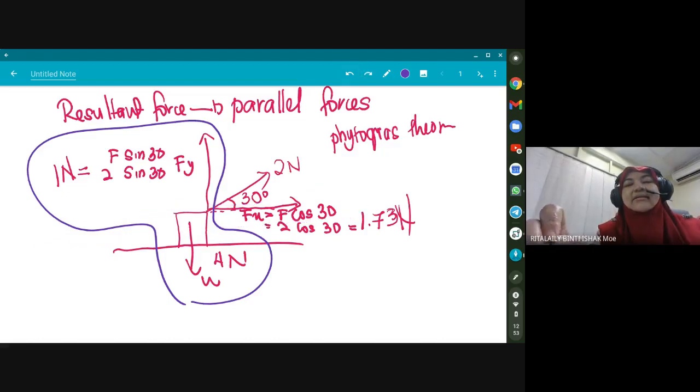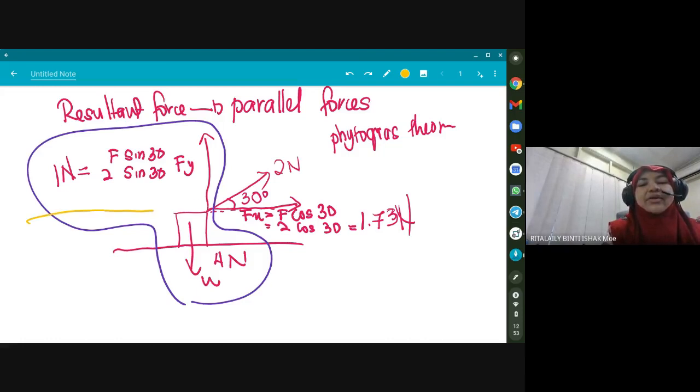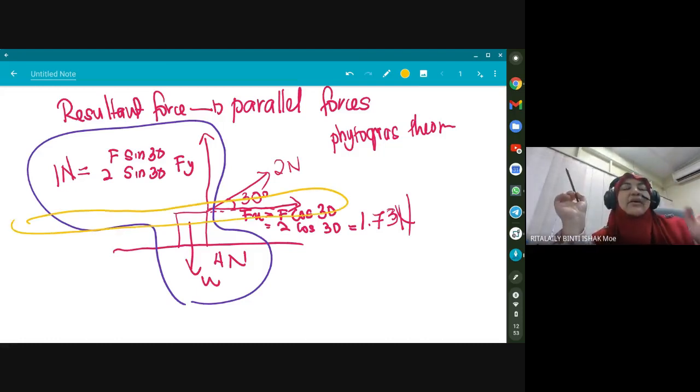Horizontal dengan horizontal, vertical dengan vertical. Horizontal tak boleh combine dengan vertical. Tak boleh campur directly lah. Okay. So this is one method.